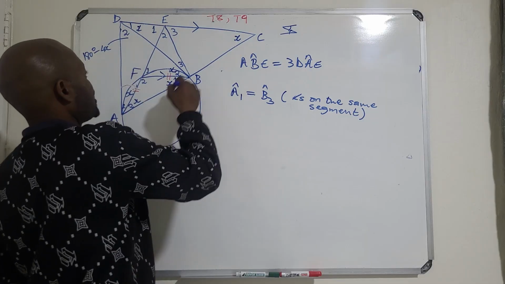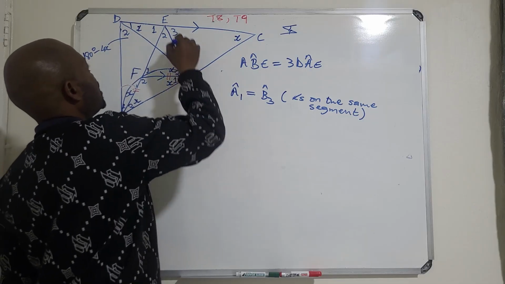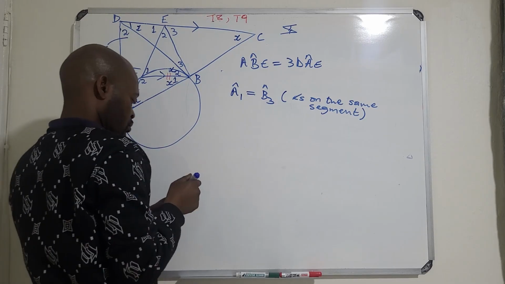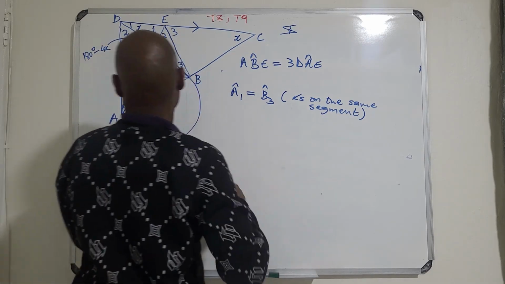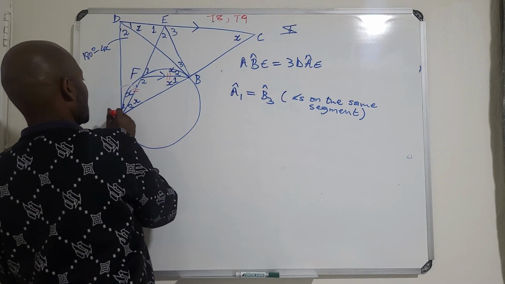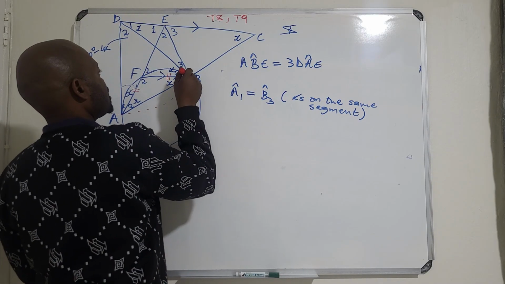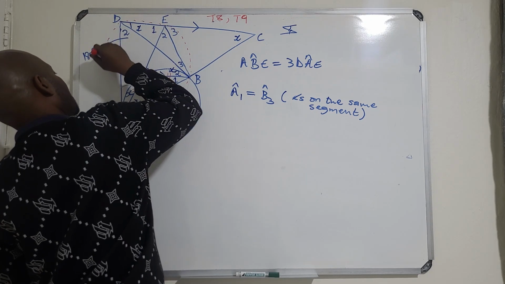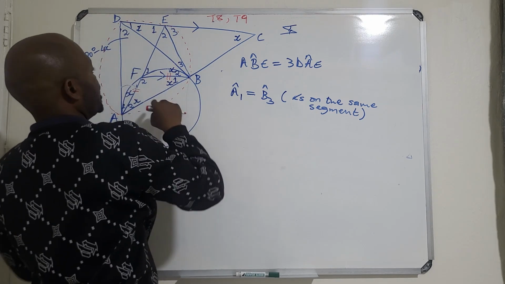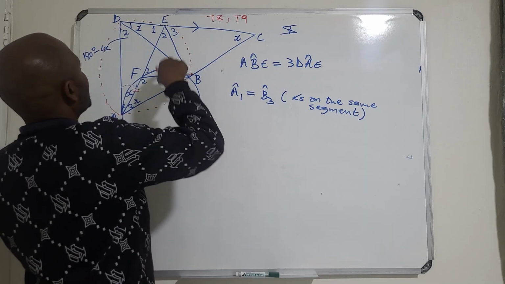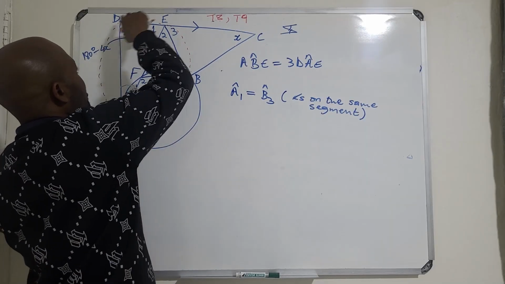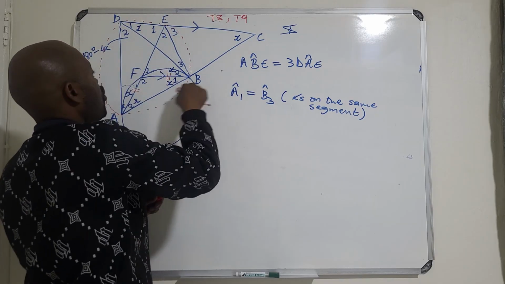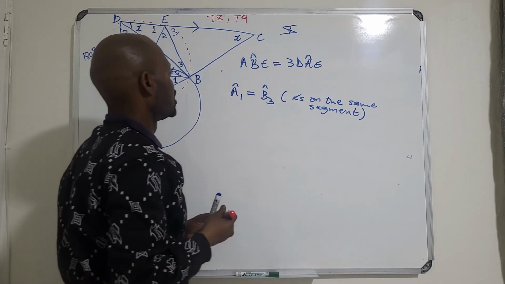Since we've just proved that this is a cyclic quad, it means that there's an imaginary circle, as we explained last time. The points are cyclic on this imaginary circle. That is why they are cocyclic, that is why these points are concyclic.